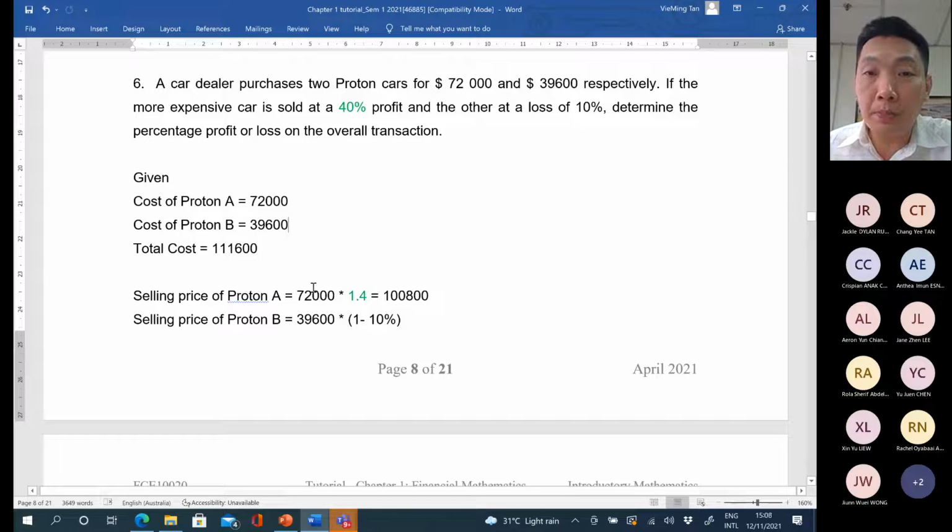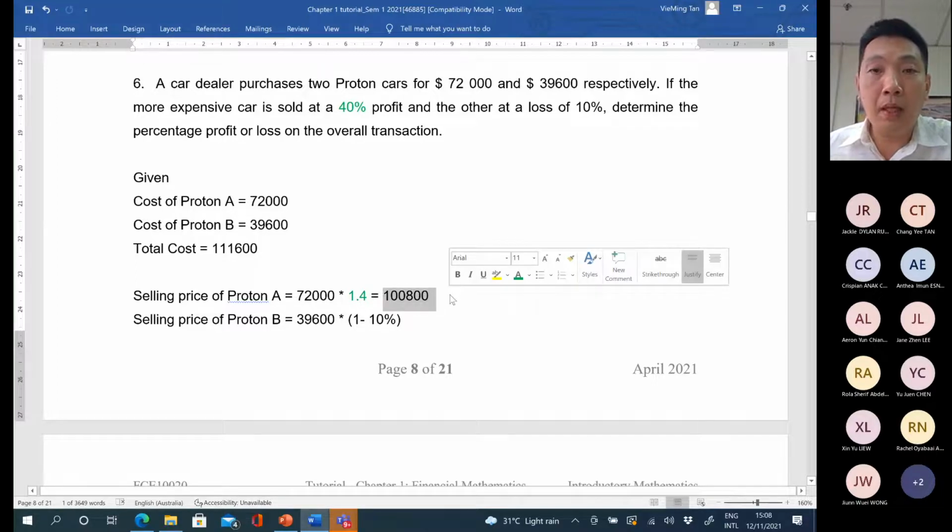The answer is the cost price of Proton A multiplied with 140%. 140% is 40% plus 100%, so you get 140%. 140% means 1.4. So the selling price for Proton A is this value.